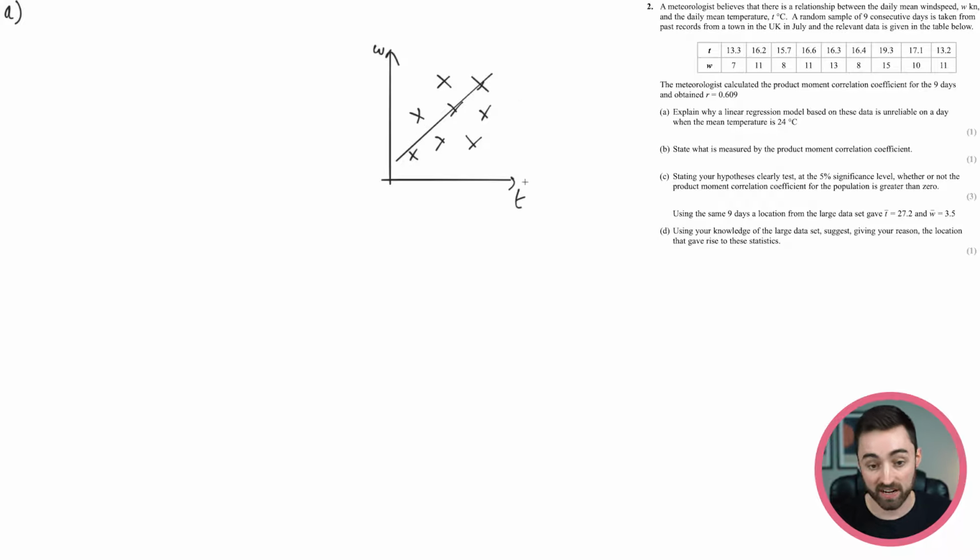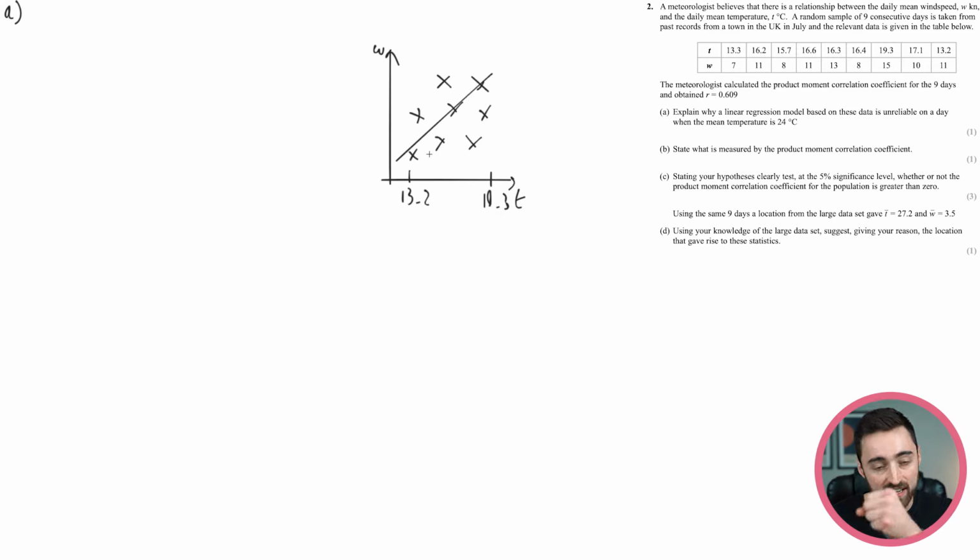Look at the different values that T goes between. The highest value here is about 19.3, and the lowest is around 13.2, I believe.